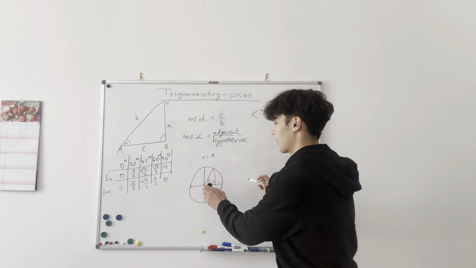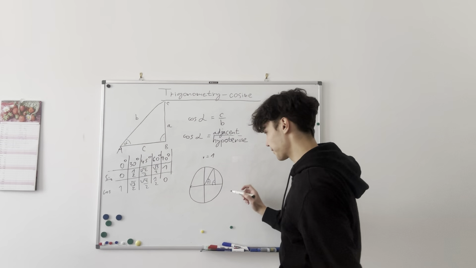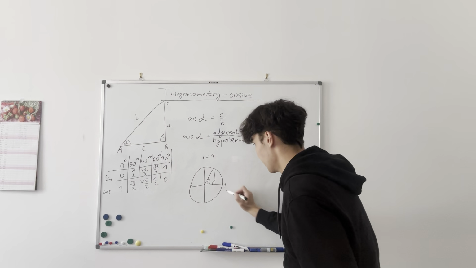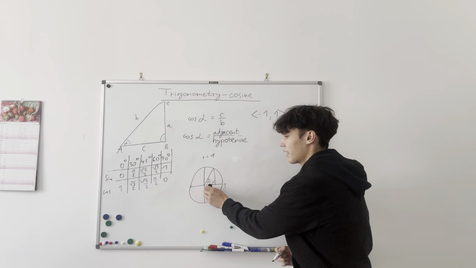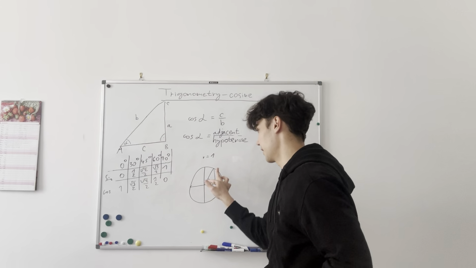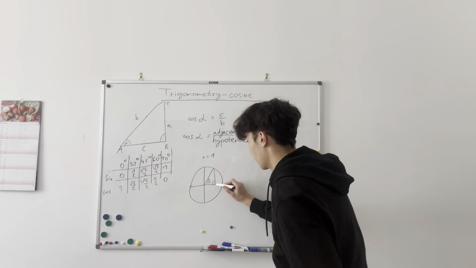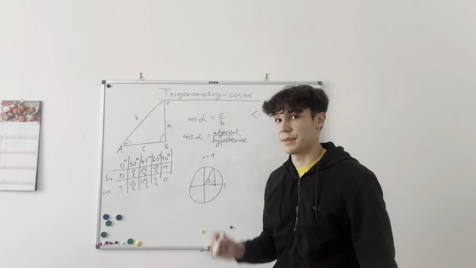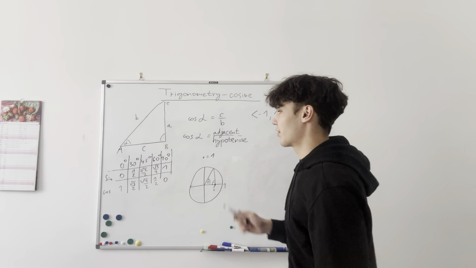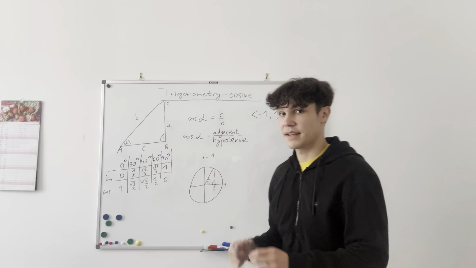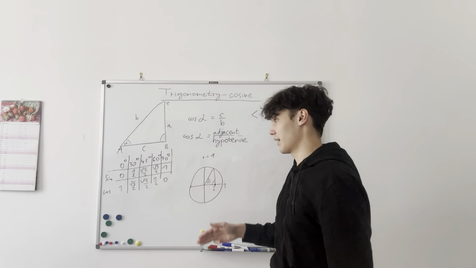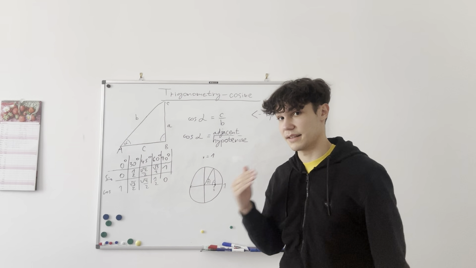So the whole value here is equal to 1, and we are at this point right here. We just divide this side by this, and it gives us this value, which is going to be 1/2. It goes for every other one of these points, it is very precise, and you will be able to find every single number like this.